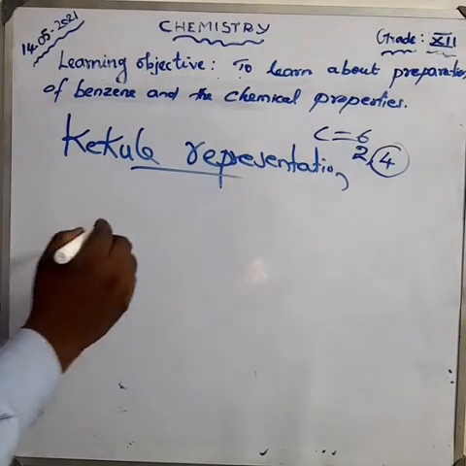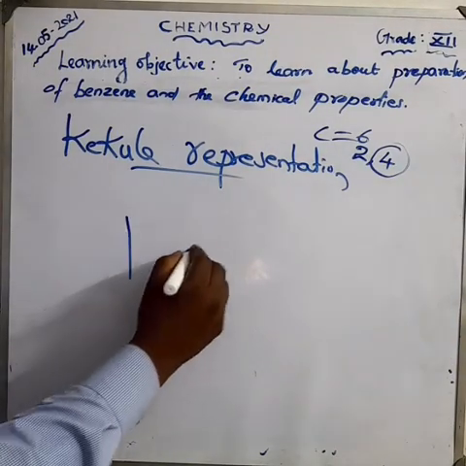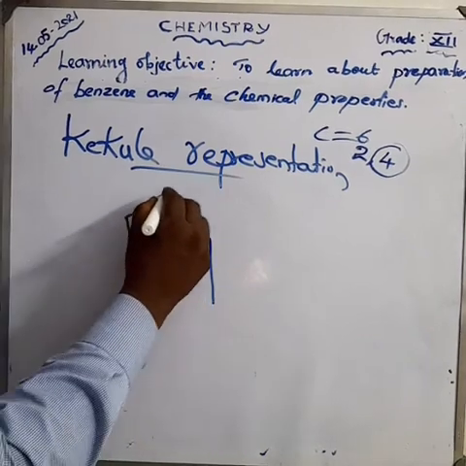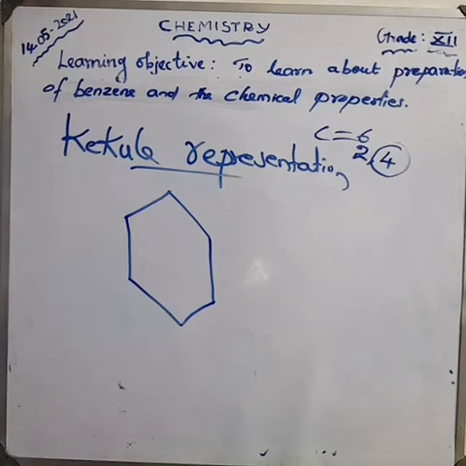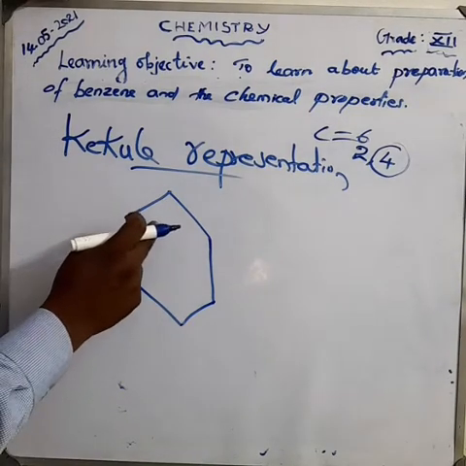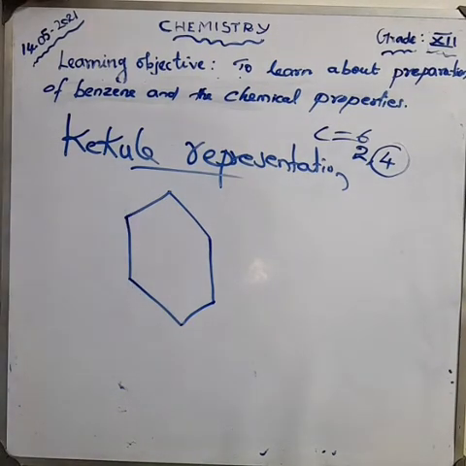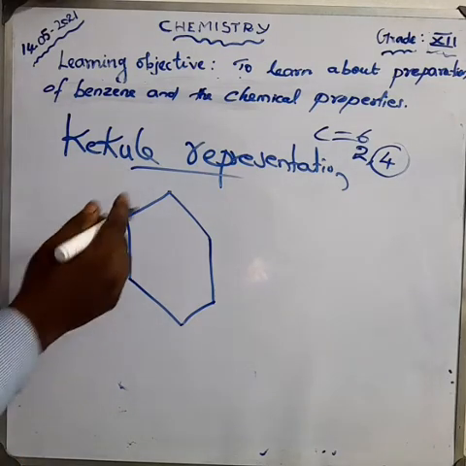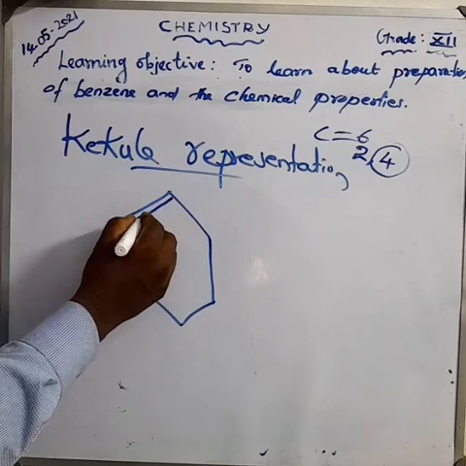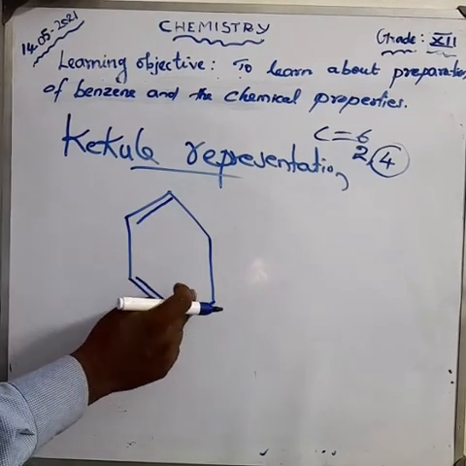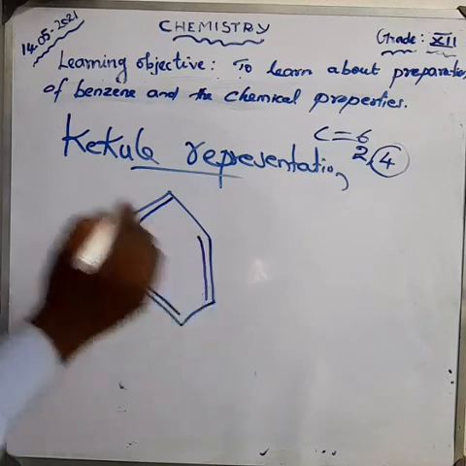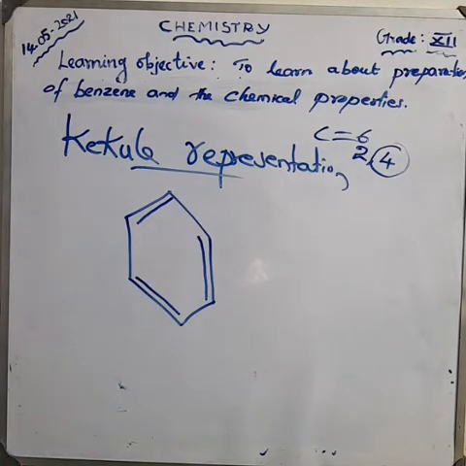Here we are simply drawing the structure of benzene. I told you about alternating double bonds. First one single bond, next a double bond, then single bond, next double bond. First I am starting here: one double bond, next single bond, next double bond, next single bond, next double bond. This is the Kekule representation of benzene.